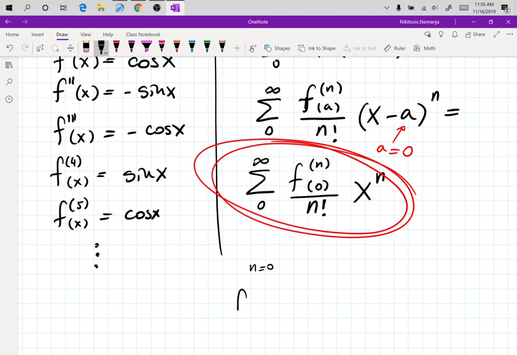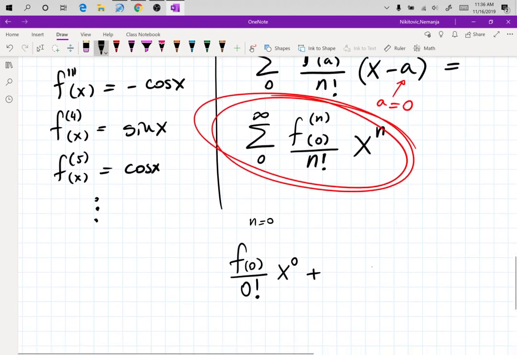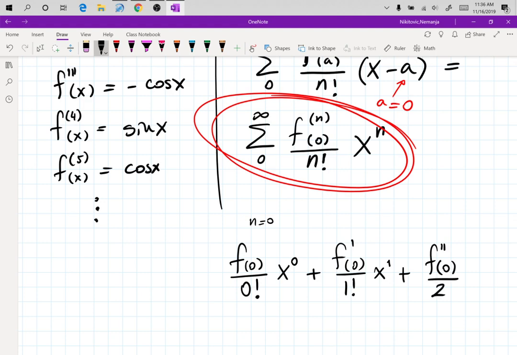So I have f of 0 divided by 0 factorial times x to the 0, plus the next term, the first derivative divided by 1 factorial times x to the first power, plus the second derivative computed at 0 divided by 2 factorial times x squared.